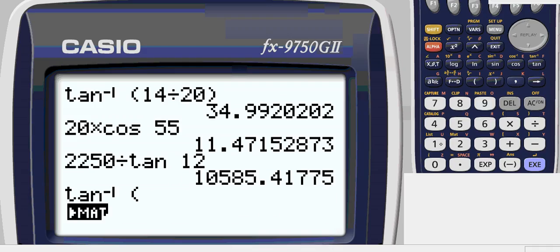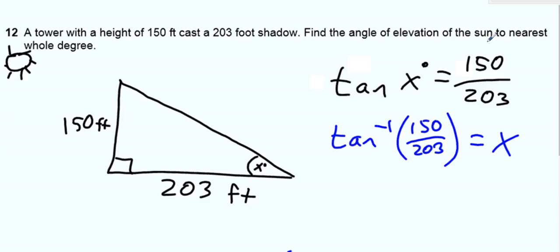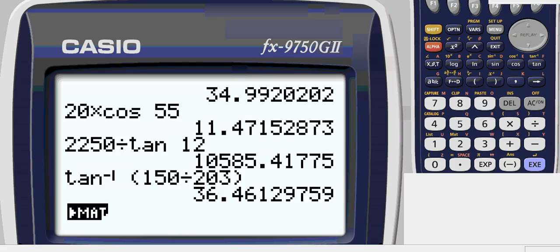Inverse tangent, 150 over 203. We get 36.46, to the nearest whole degree, so just 36.